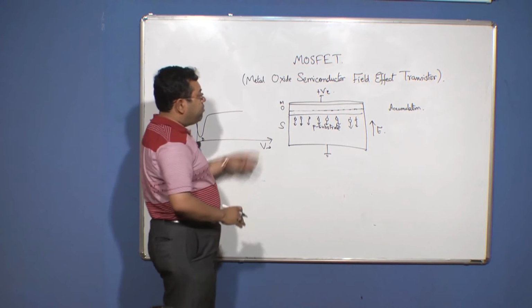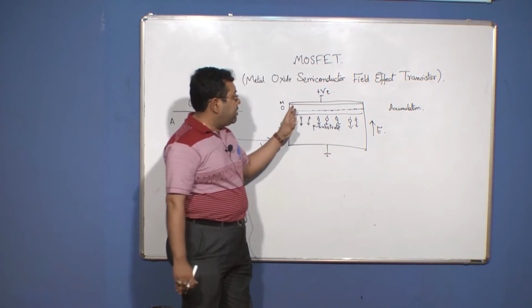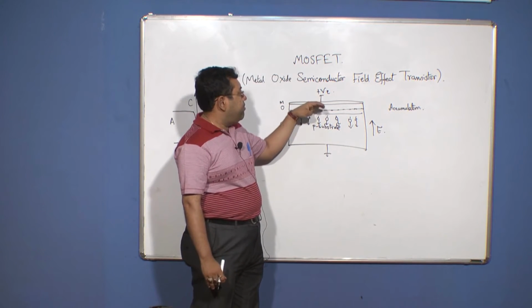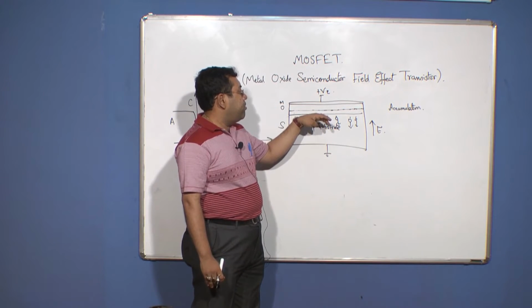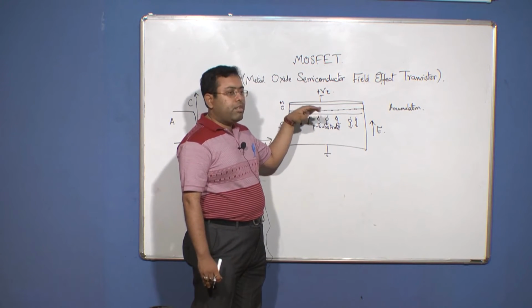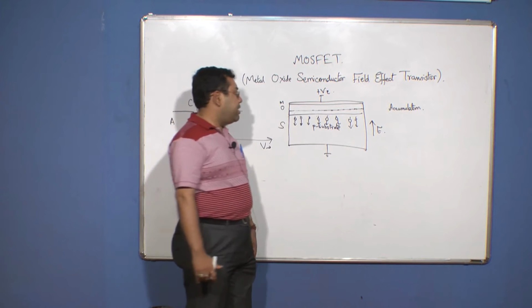Then, as you go on giving more and more positive voltage, a time comes when the concentration of positively charged holes in this depletion region becomes so less that it becomes lesser than that of the electrons or the minority carriers.